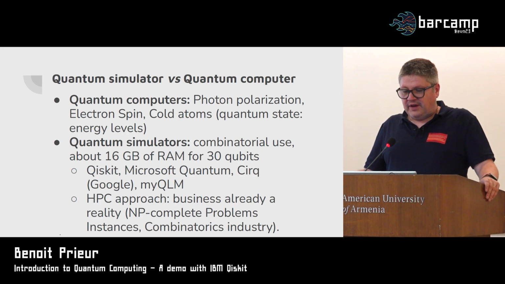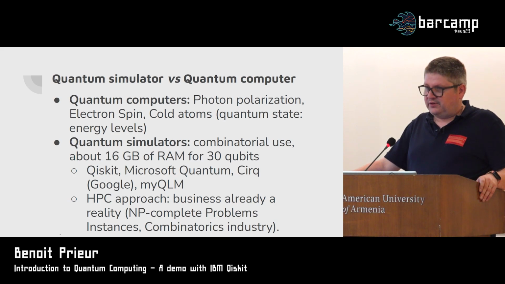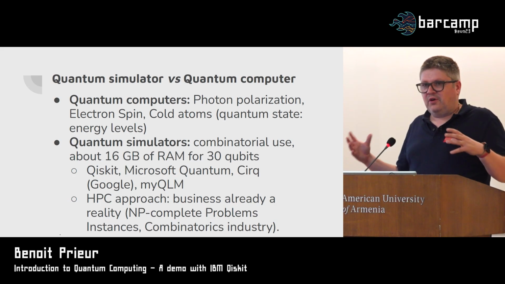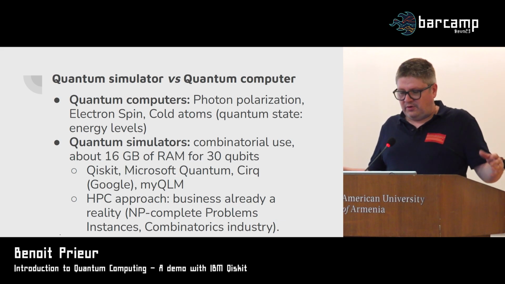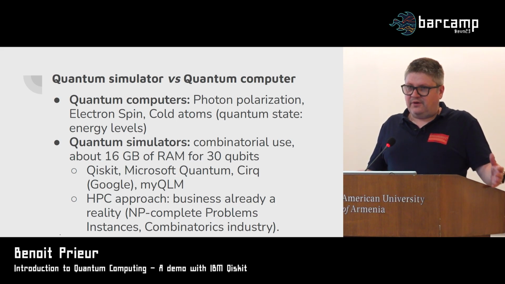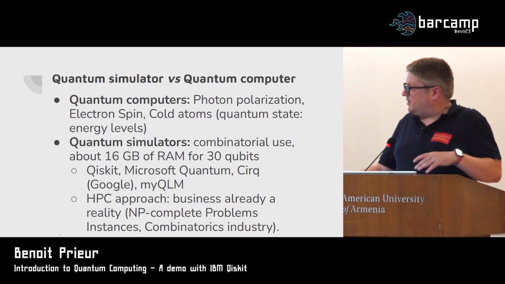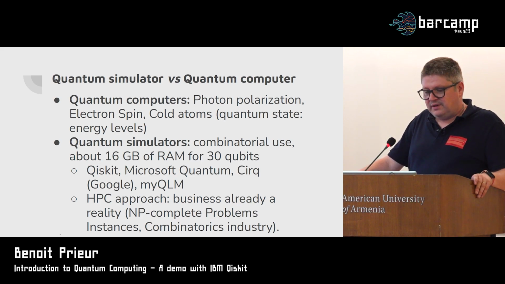And there is another version of quantum machine. It's the quantum simulator. It simulates the superposition on a regular computer, but it can be an HPC, a supercomputer, actually. So you can have quantum behavior on a classical machine, and this is no longer only in the field of research. It's already in the field of business.